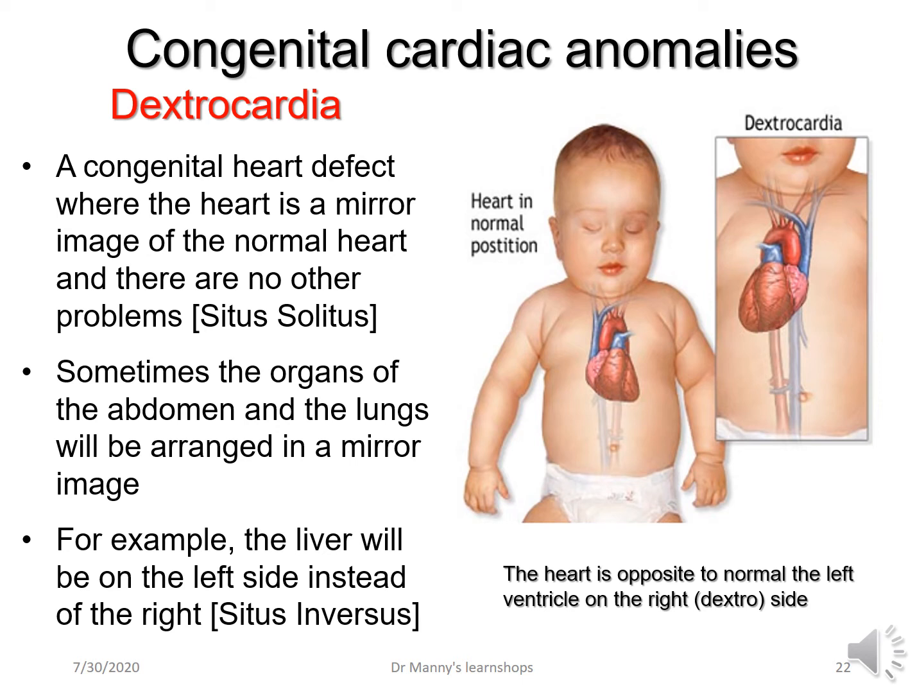For example, the liver will be on the left side instead of the right side, which is referred to as situs inversus. But essentially, in dextrocardia, dextro meaning right, the heart is opposite to the normal. The left ventricle is placed on the right side and the right ventricle is on the left side. Dextro, right, cardia.